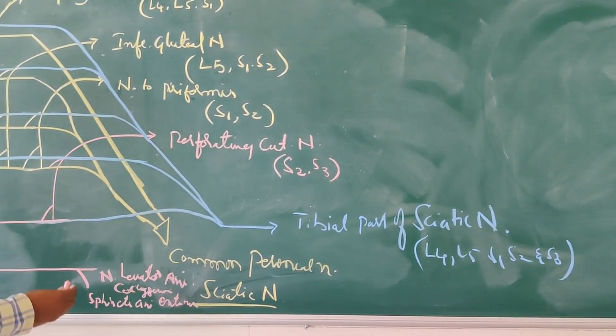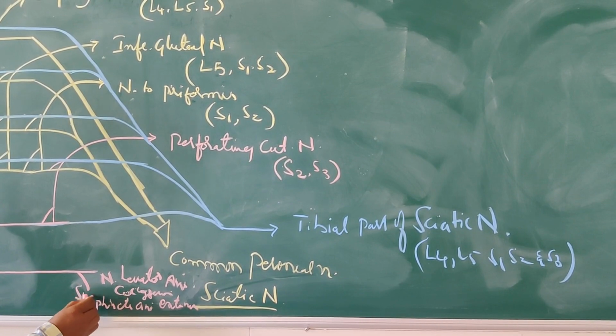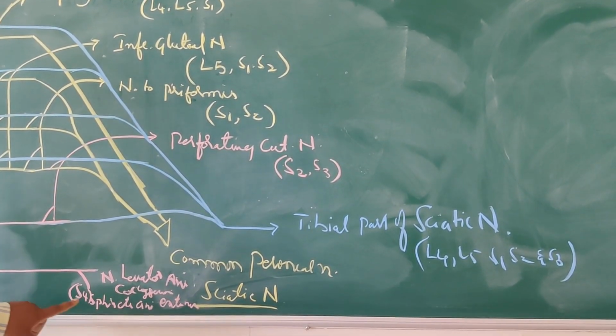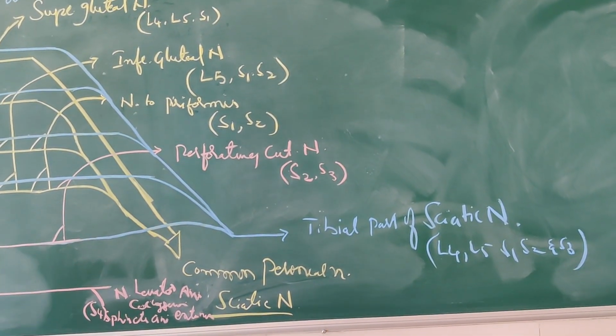These muscles are supplied by S4. So the root value of these nerves is S4.